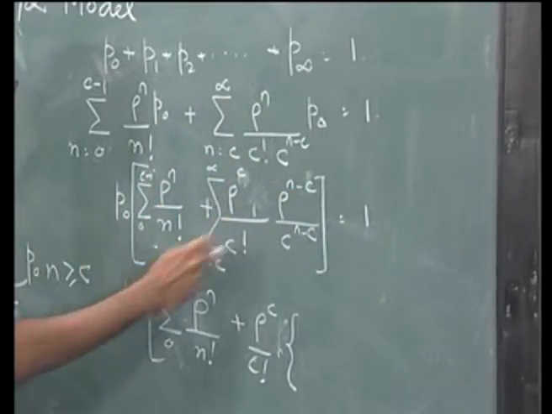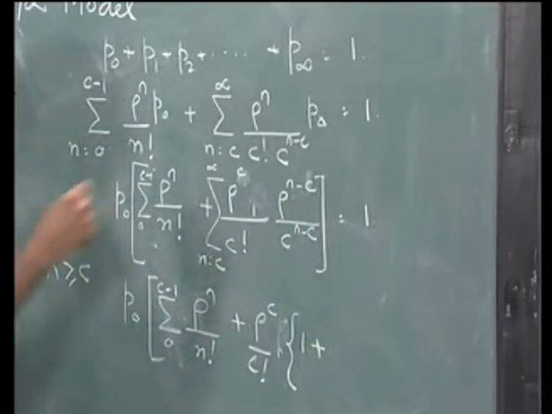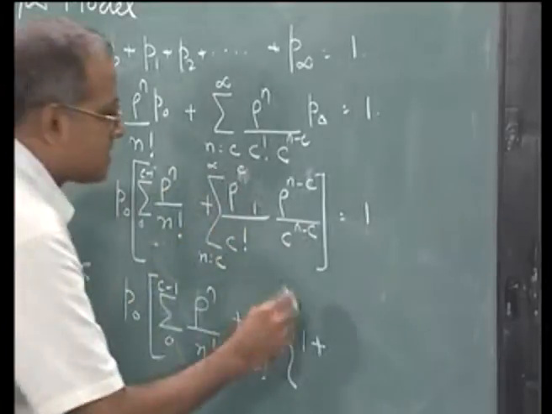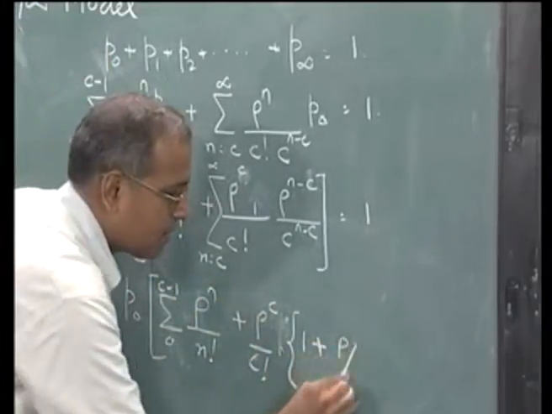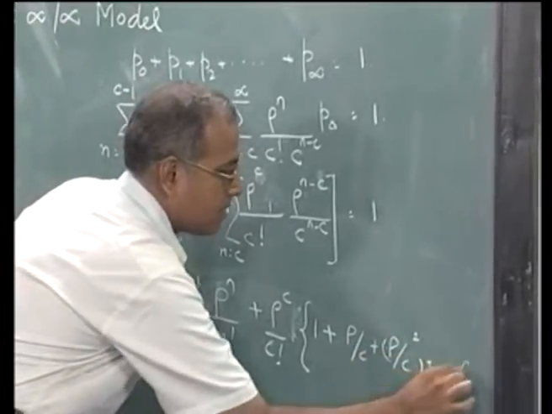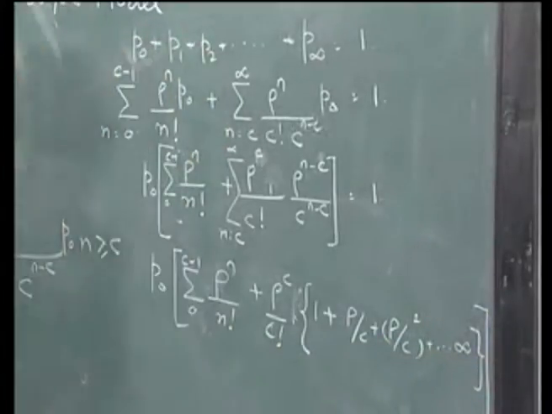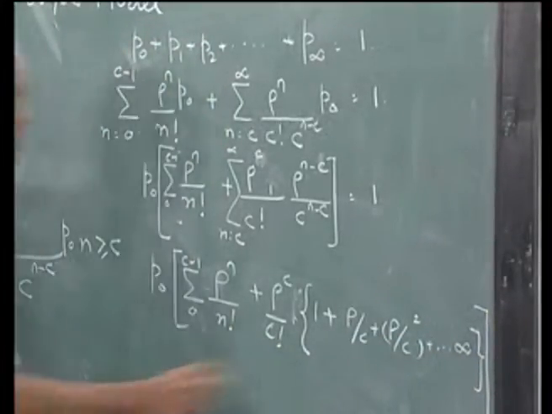When n is equal to c plus 1, this term is rho by c, then rho by c the whole squared, and so on up to infinity, is equal to 1.